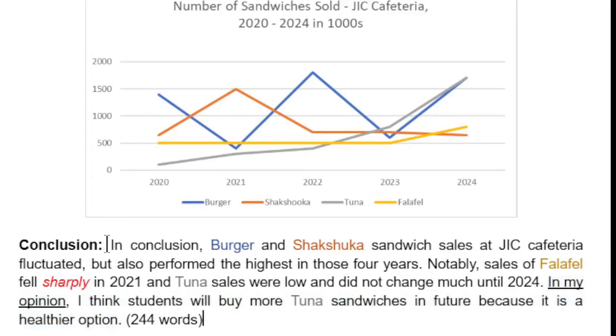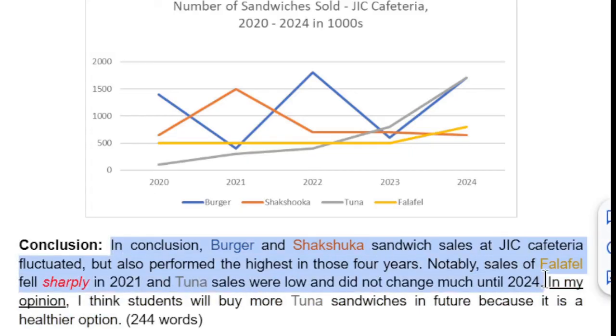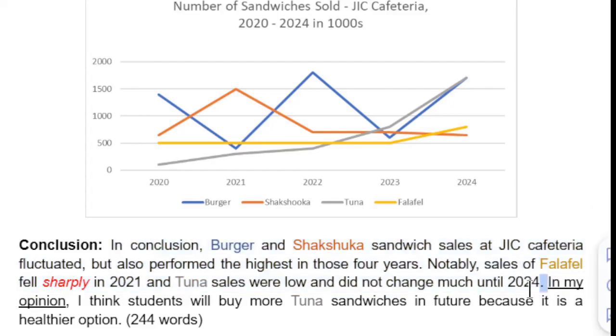So the conclusion again wraps up, talks about the text in general terms in the same way that the introduction does. And in the end, I add my opinion, what I think may happen in the future. And I've shown here that I've written 244 words for the whole thing.